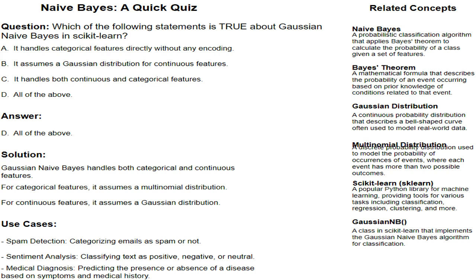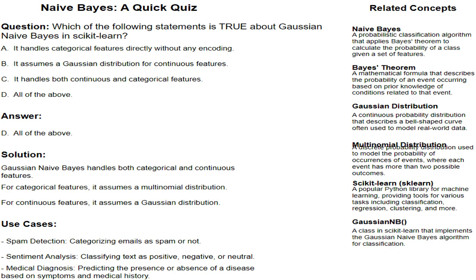Incorrect. Gaussian naive Bayes, by default, does not handle categorical features directly. It assumes a Gaussian distribution for continuous features and requires categorical features to be encoded, e.g., using one-hot encoding.